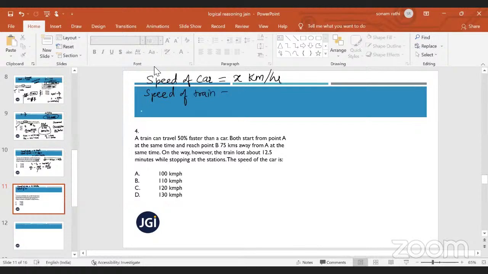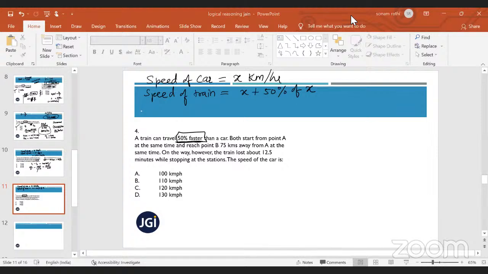Speed of train is 50% faster. It means x plus 50% of x. Correct?